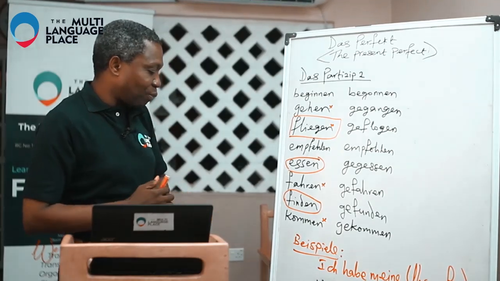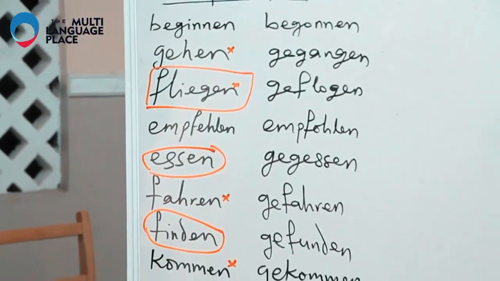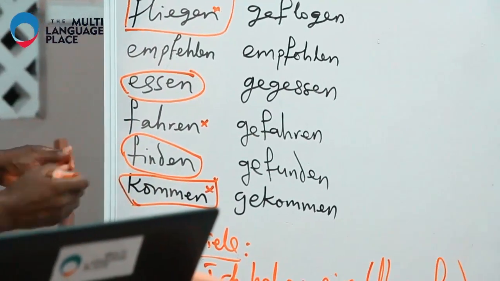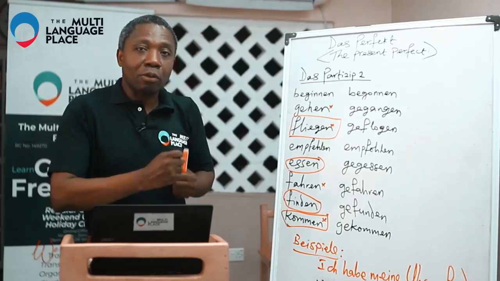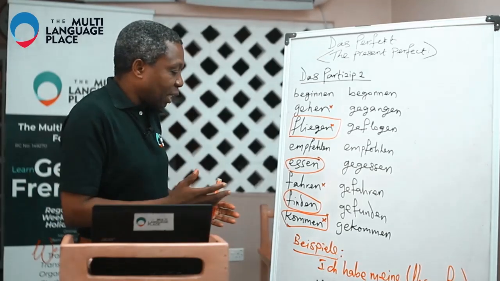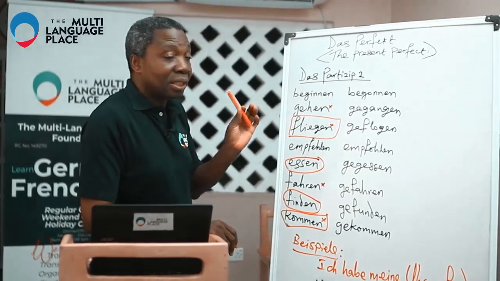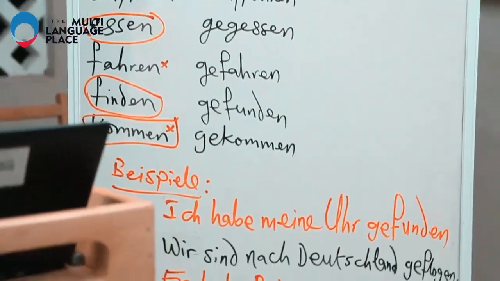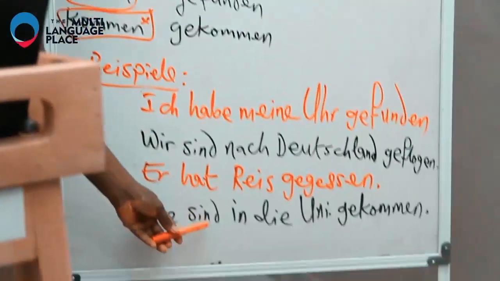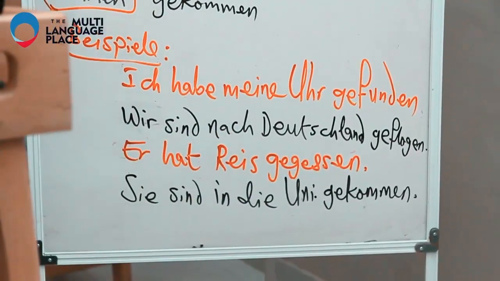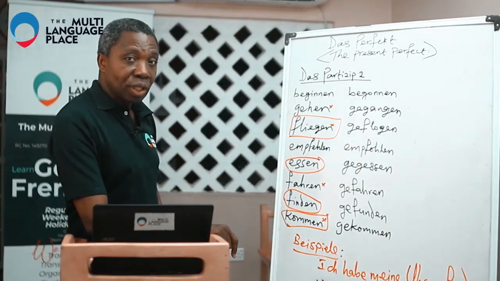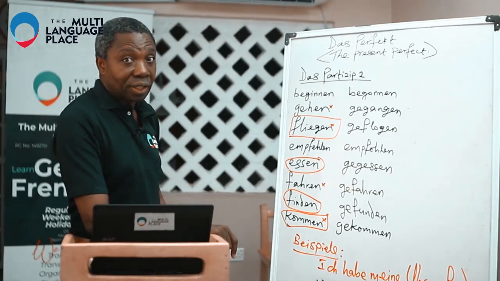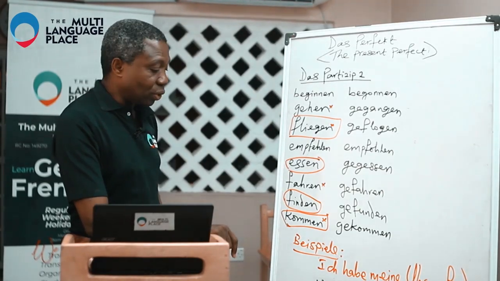Then we go to the last one. I use the verb kommen. Definitely, because it's a verb of movement, you have to use the helping verb sein. So we have sie sind in die Uni gekommen. They have come to the university, or they came to the university.